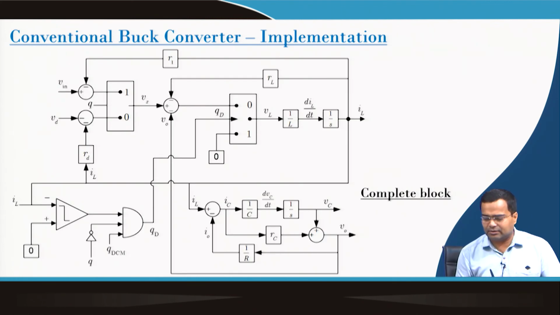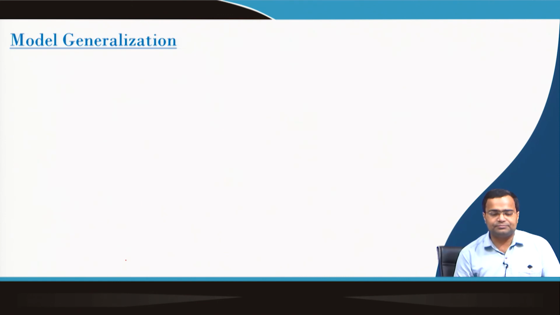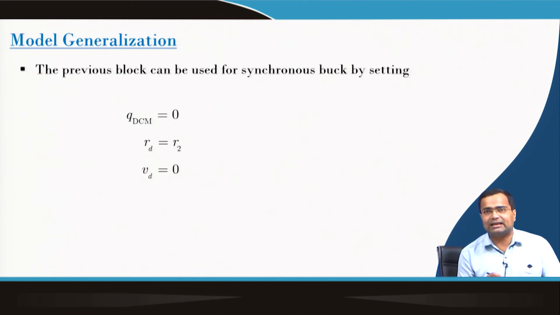So, now we can implement the complete buck converter circuit, including this DCM enable block, and this model can be generalized.